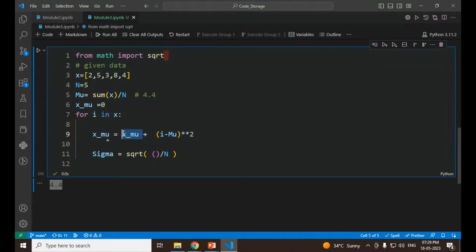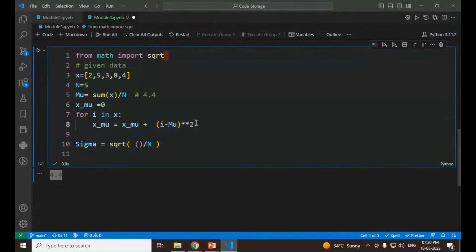That value is available here in the next calculation: old value plus new value calculation. Now together it is making a sum, giving a new value of the sum. Alright, that's all. Now the statement is automated. We don't want it like this, we want it to come out of the for loop.